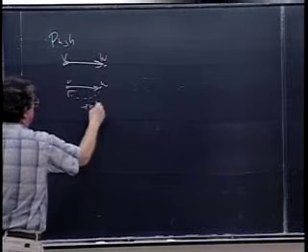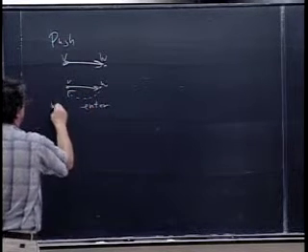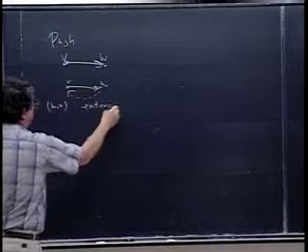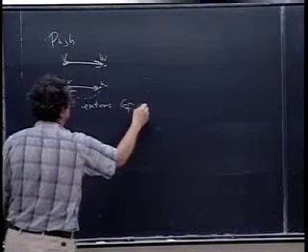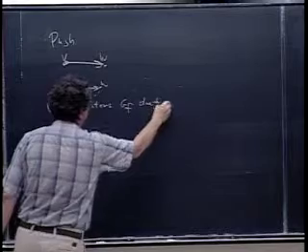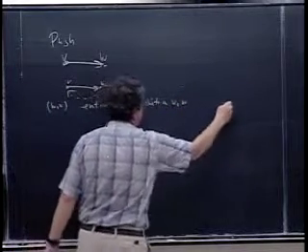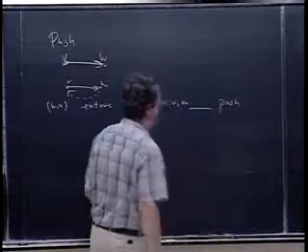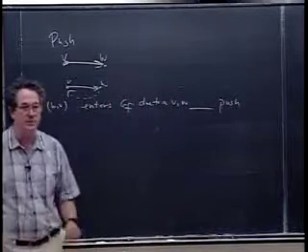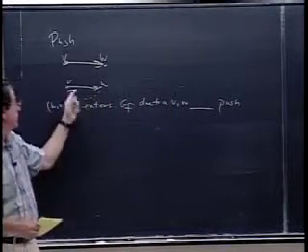So this edge, WV, enters G_F due to a VW push. What kind of a push is that, by the way? What kind of edge was VW?